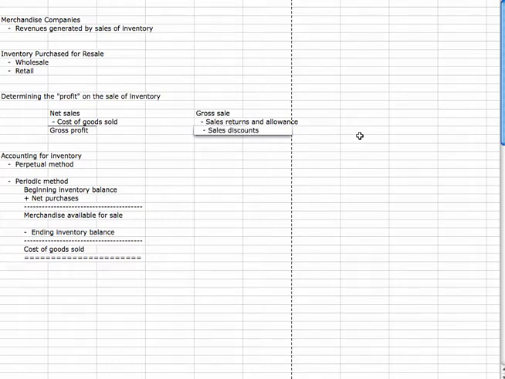Now, a sales discount is our incentive to our customers for them to pay our invoices early. If you're looking from the perspective of a sale to an end user customer, such as you or I, most of the time those transactions are made by cash.